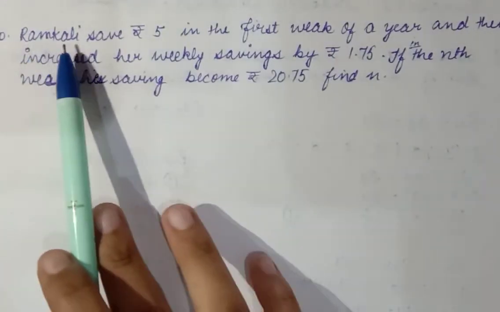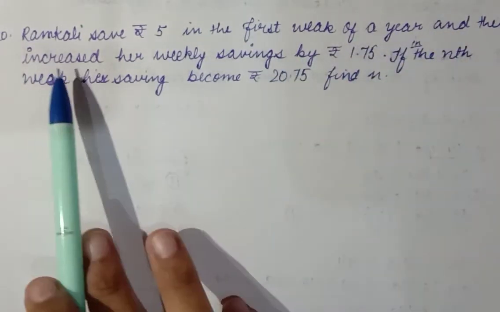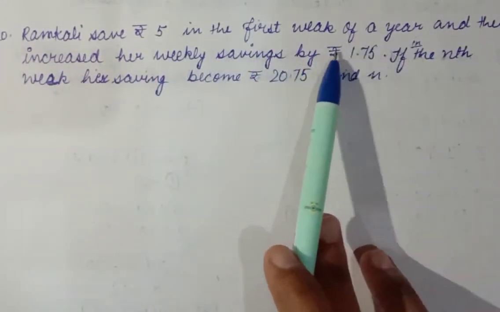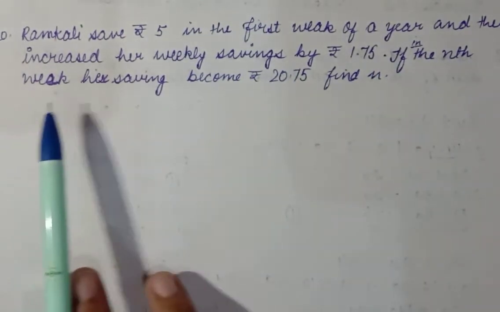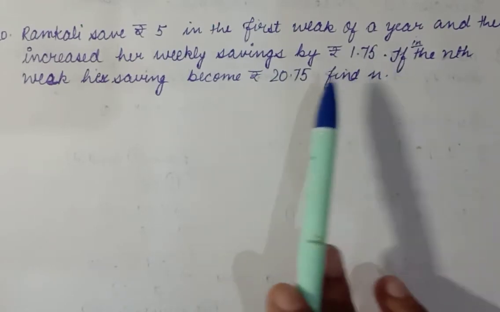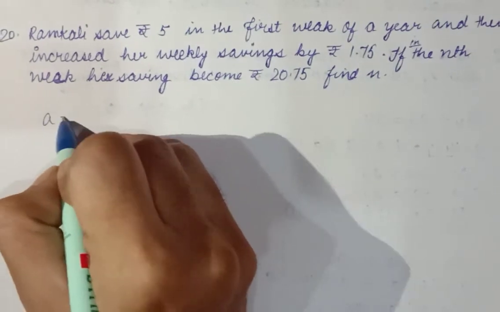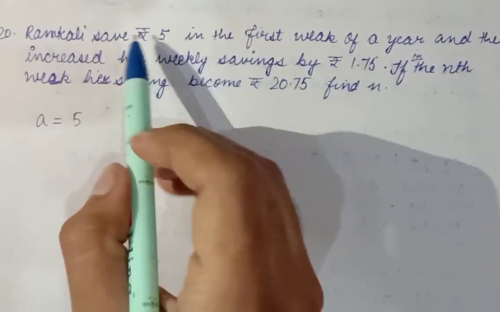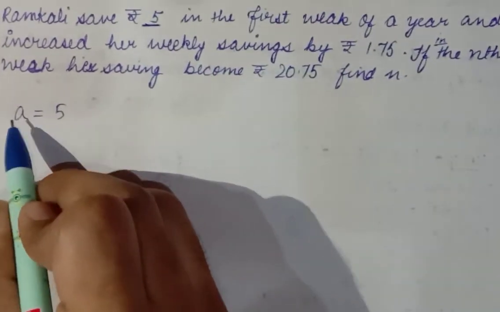20th question is Ramkali saved ₹5 in the first week of her year, then increased her weekly savings by ₹1.75. If in the nth week her saving becomes ₹20.75, find n. Now in this question we are given with a is equal to 5 as her first saving is ₹5. So the first term a is 5.